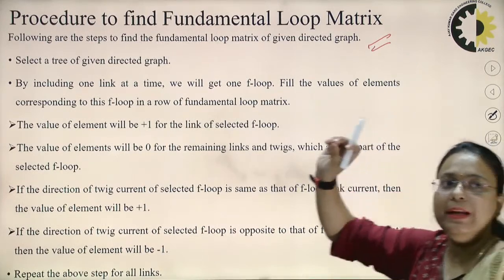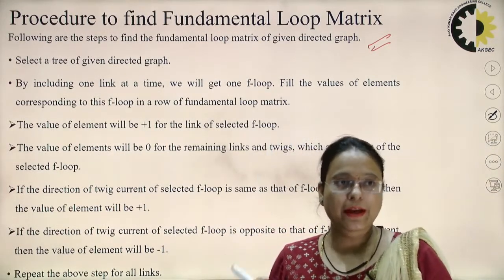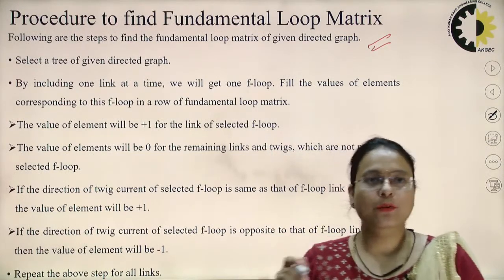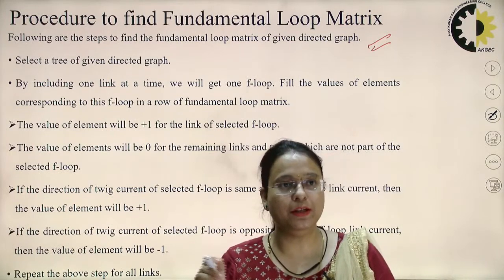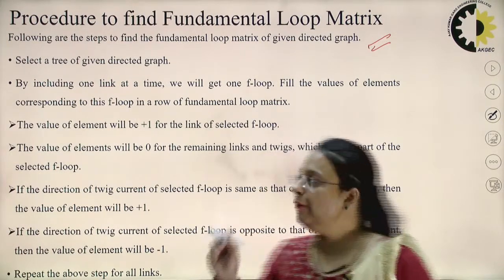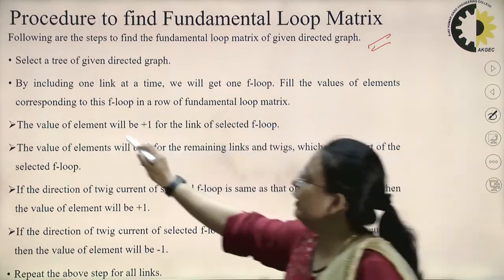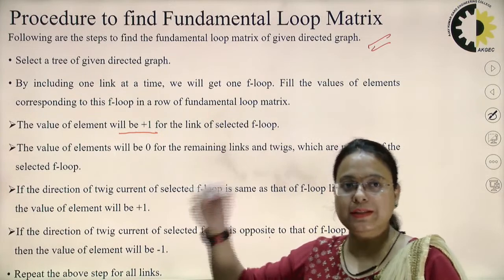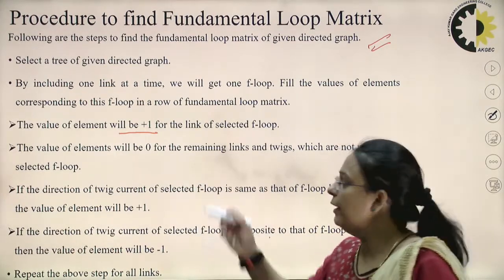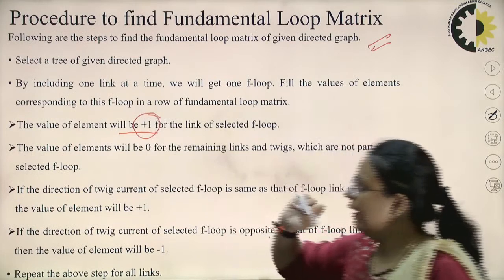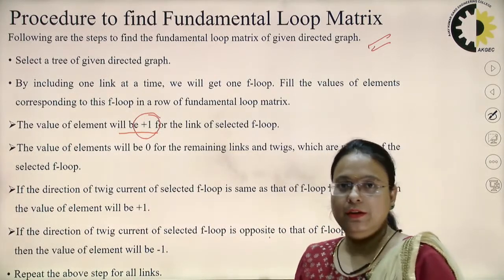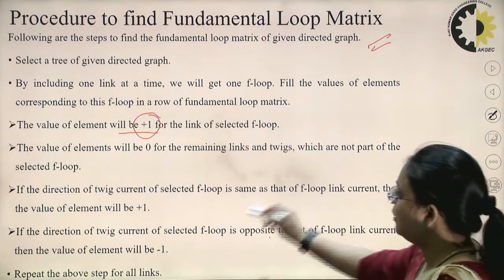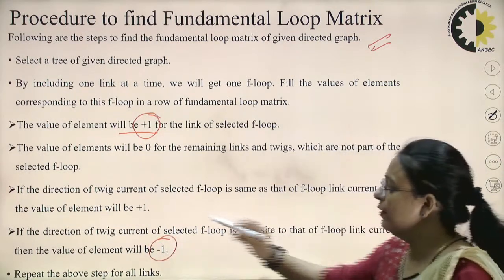First of all, we have to select any tree, then by taking one link at a time and any number of twigs at a time, we will find the values of the elements in the branch, and for that we have to follow these rules. If the direction of that branch is the same as the direction of the link, then it will be taken as +1, and if the direction is opposite then it will be taken as -1.